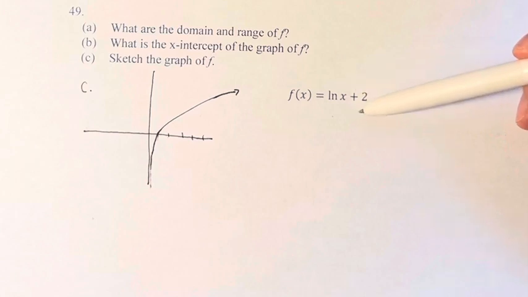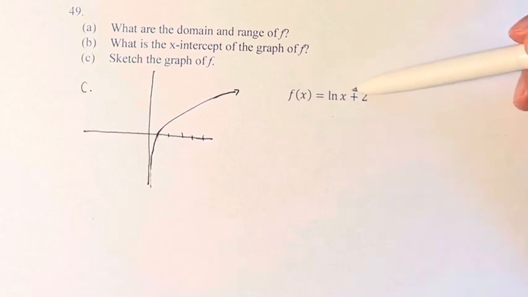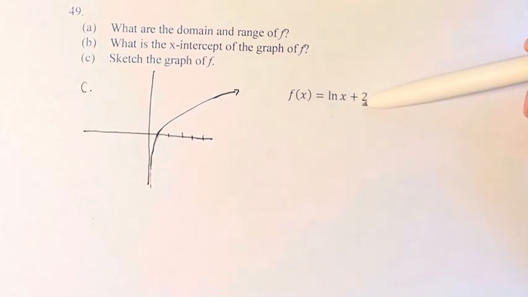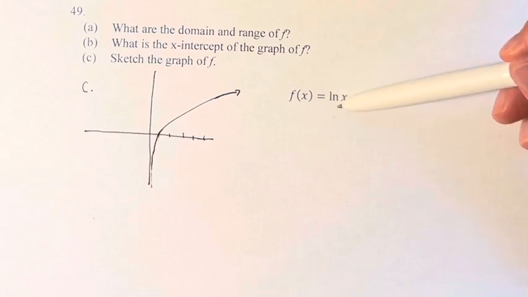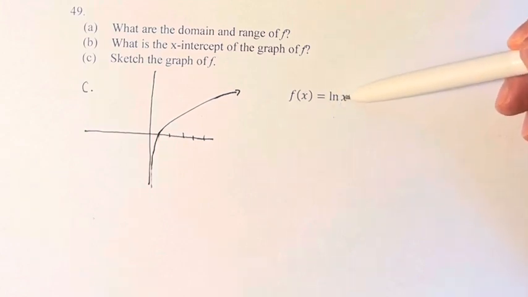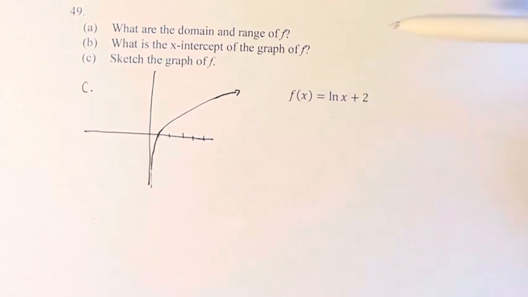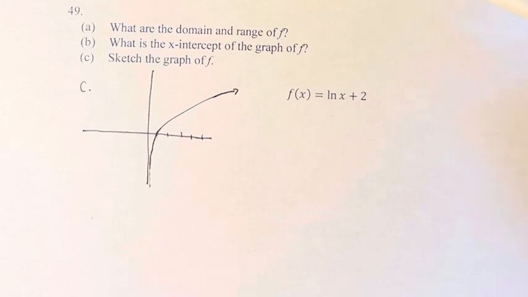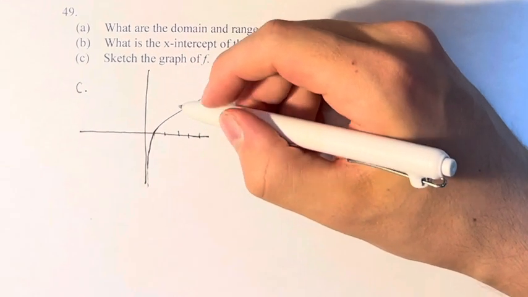If we're adding 2 to the function, that means we're shifting it. The addition is being done outside of the function. The ln is not taking on the plus 2, it's just ln of x and then plus 2, so it's vertical. And plus 2 means it's up. Minus 2 would be down. And so we just have to graph this 2 units up.